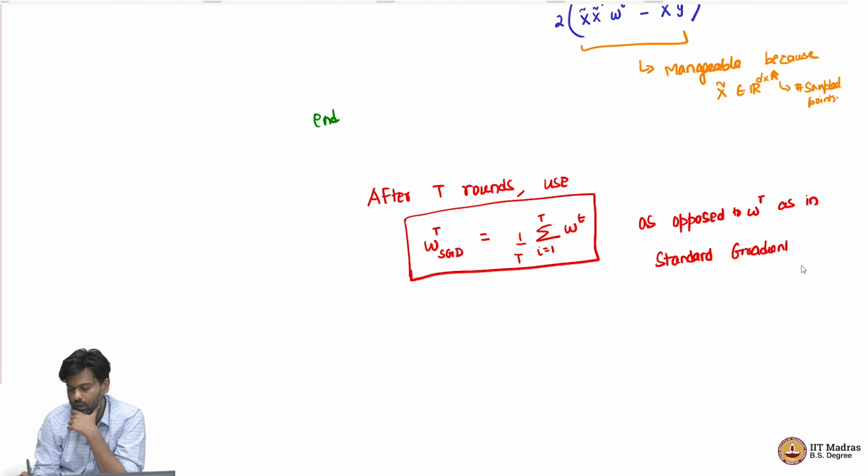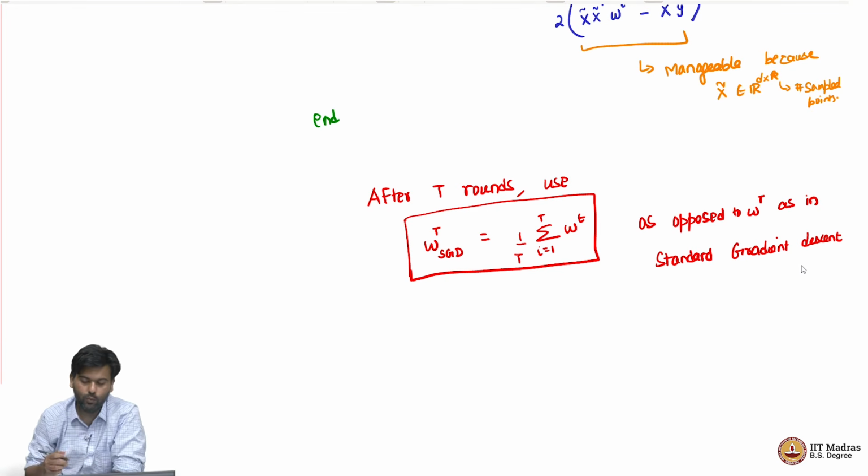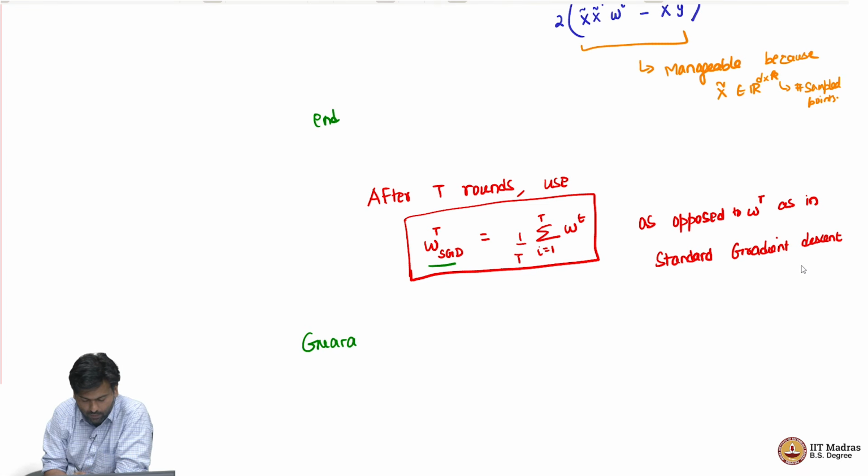So, instead of using the last W, now you are going to use the average of all the W's that you have seen so far. Now, what we can guarantee about this stochastic gradient descent's output is that it is guaranteed to converge to the optimum, which is W star, with high probability.